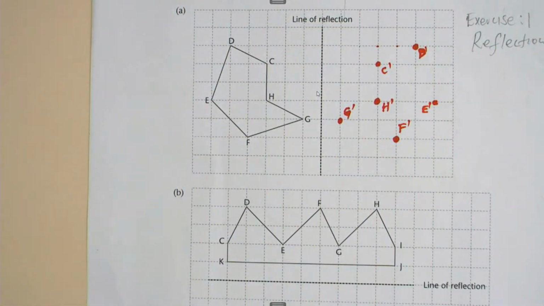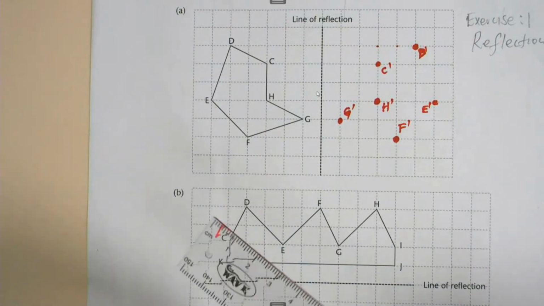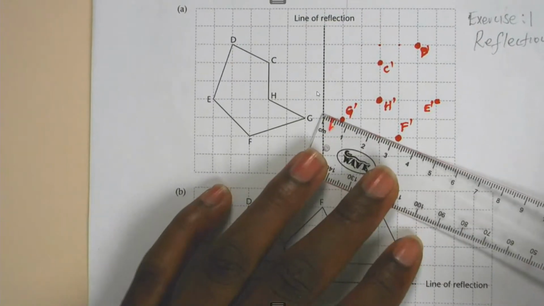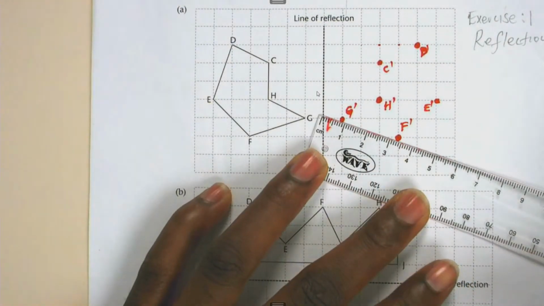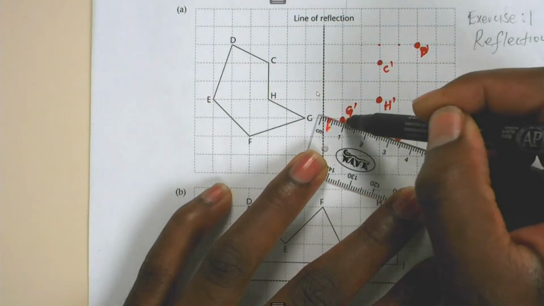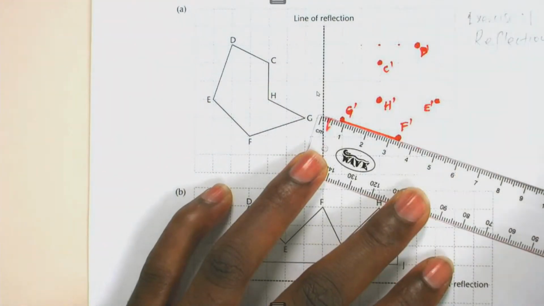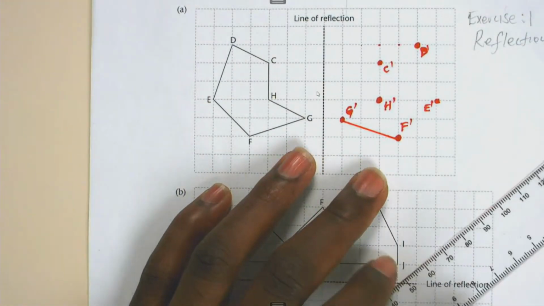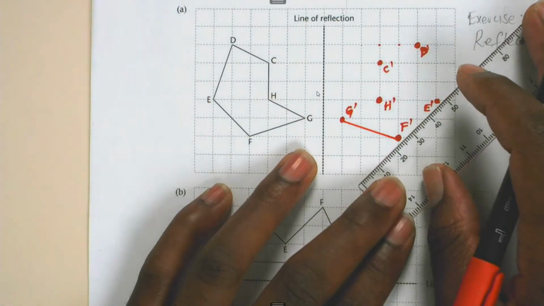Now, we need to join these points so that we can check whether we've got the same shape but facing the opposite direction. Now, let us see. Point F is joined to point G. So we're going to join point F with point G. Point F is also joined to point E, so we can go to point E and join it.